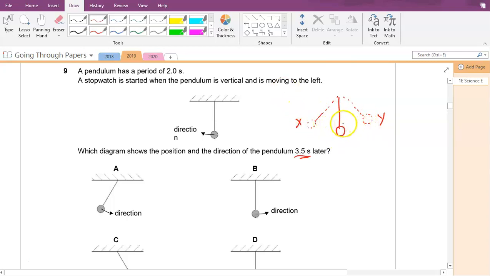Now, how is it that there's one oscillation? When it goes to the left, it goes like this, it will come back, then it will go to Y, and then it will come back. This is one complete oscillation. Now if you look at this, how many motions are there in total?